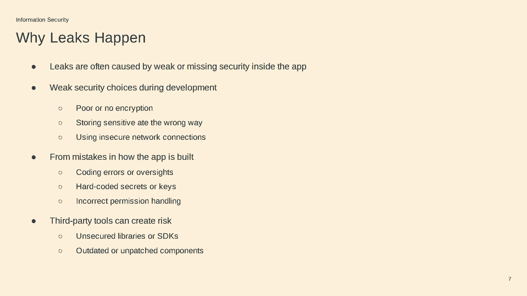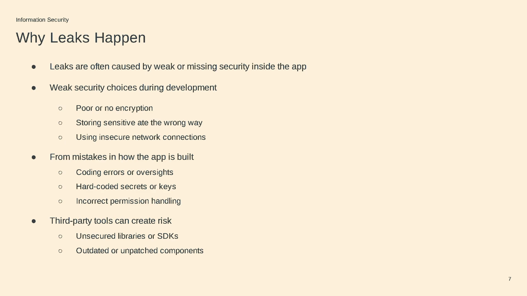Leaks can also happen because of mistakes in how the app was built, like simple coding errors or oversights that can accidentally open more doors for the attackers. Developers sometimes leave keys or secret IDs in the app, and incorrect permission settings can create vulnerabilities.